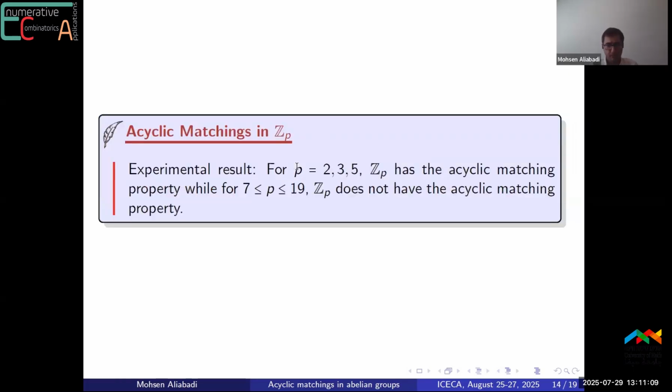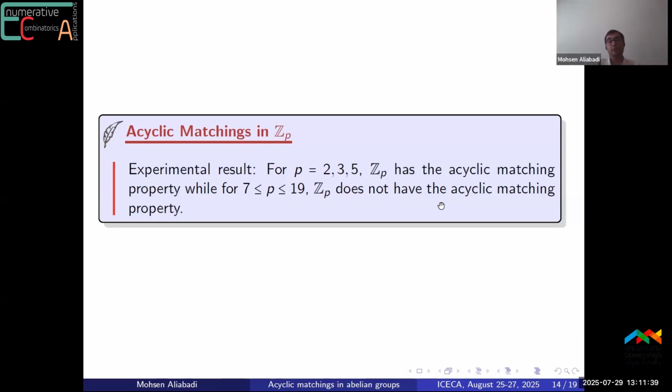Now, a natural candidate to study the acyclic matching property is the group Z_p, the cyclic group of order p. And our experimental result showed that for p equals 2, 3, and 5, Z_p has the acyclic matching property, while for all p between 7 and 19, Z_p does not have the acyclic matching property.